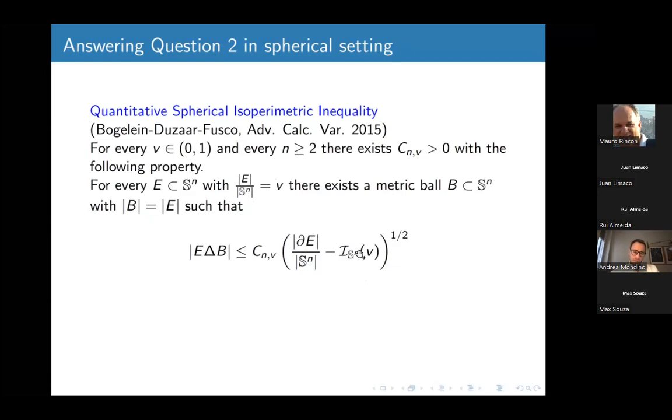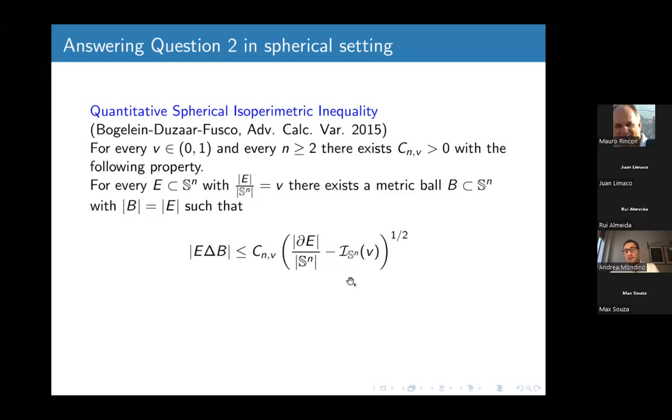the spherical isoperimetric deficit, which is, so you're taking the normalized perimeter of E, and you take out the isoperimetric profile function of the sphere. So this is checking how close E is from achieving equality in the spherical isoperimetric inequality, to the power 1/2.